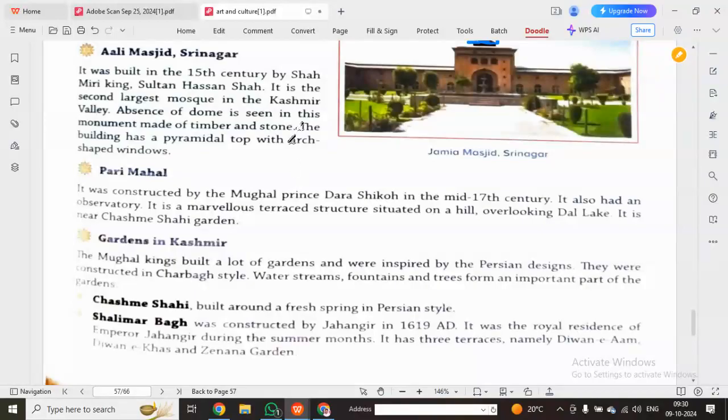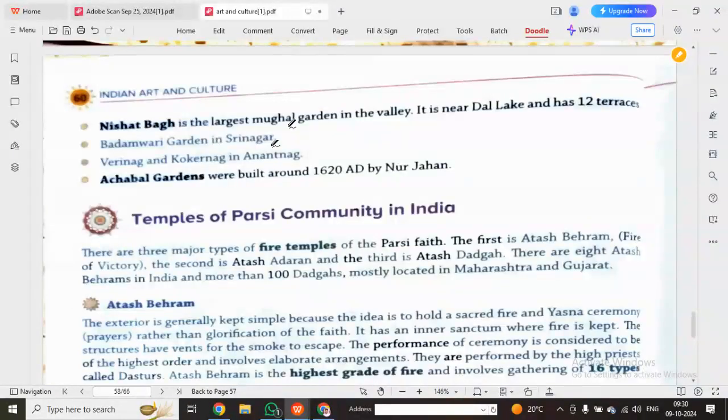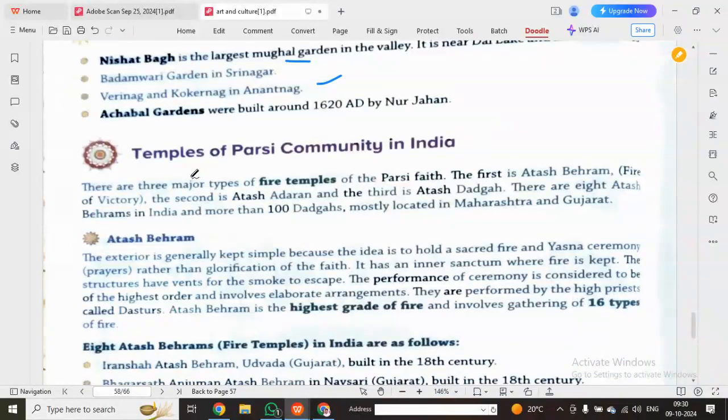It is Chashme Shahi, शालीमार बाग, ठीक है, जहांगीर ने बनाया था ये. निशात बाग, लार्जेस्ट मुगल गार्डन इन द वैली नियर द डल लेक. बादामवाड़ी गार्डन, वेरीनाग और अचबल गार्डन्स.